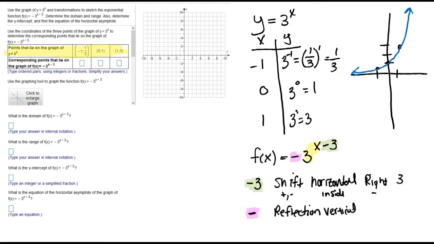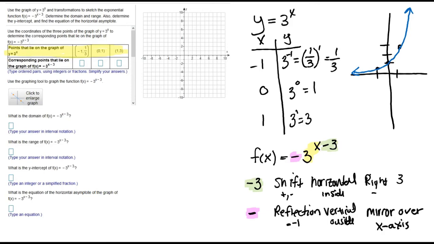So it's a reflection because you're multiplying by a negative 1. It's vertical because it's on the outside of the exponent. And a vertical reflection is up and down, top to bottom. So you're going to do a mirror over the x-axis.